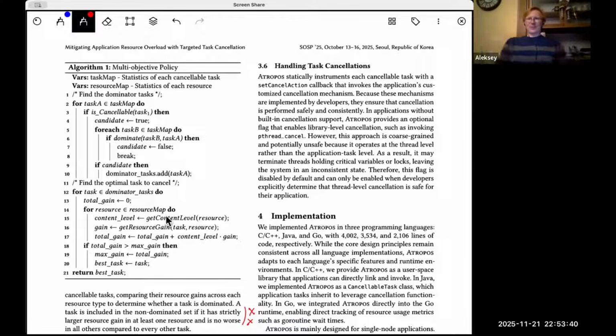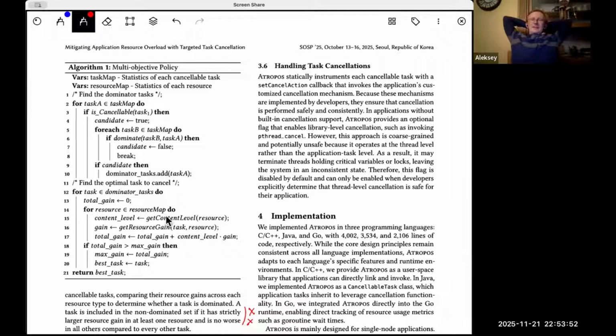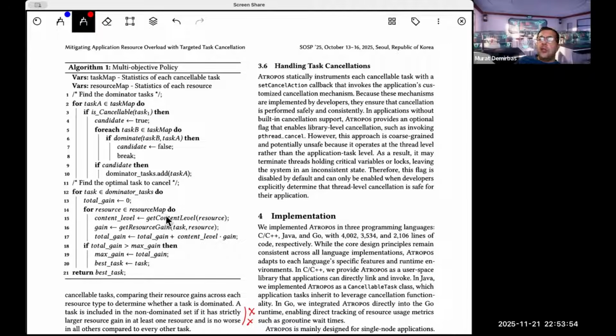What I don't understand is, let's say the resources may not contribute equally. Maybe one resource is more contended, so getting even a small improvement in that resource is more important than getting a larger improvement in another resource.